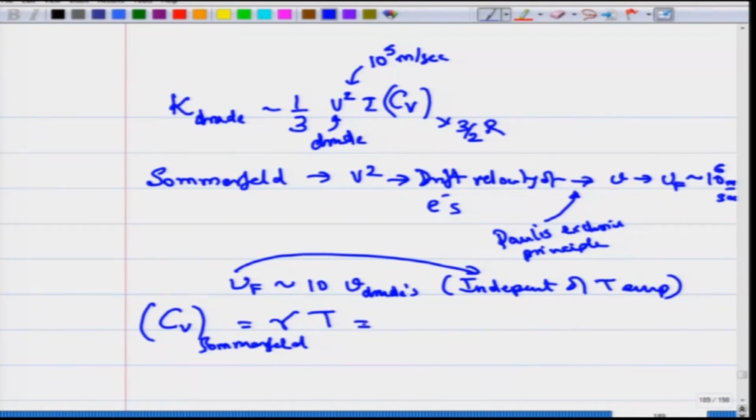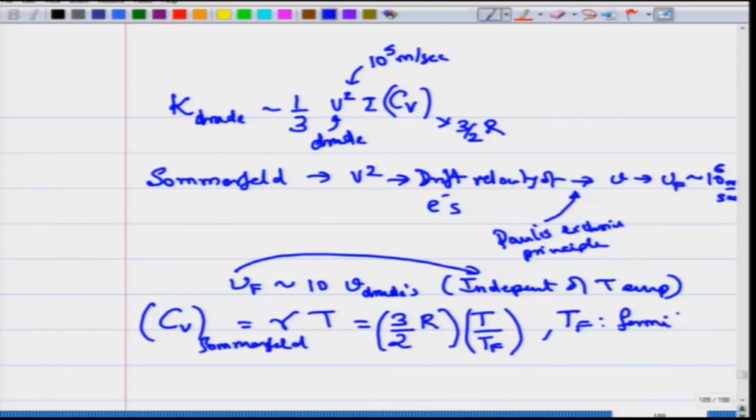And if you recall, this was of the order of 3 by 2 R times T by Tf, where Tf is the Fermi temperature, which is of the order of about 10 raised to 4 Kelvin. And there is a factor of about pi square by 3 out here.